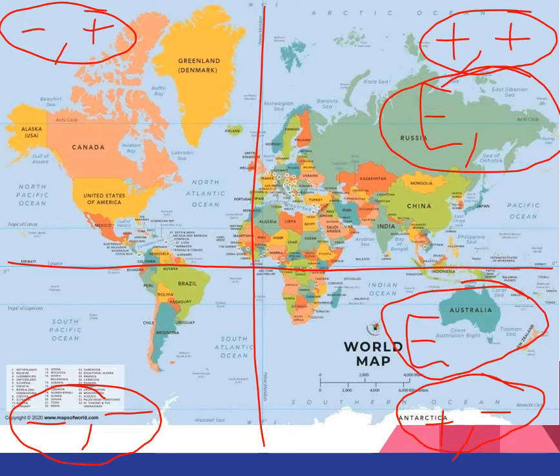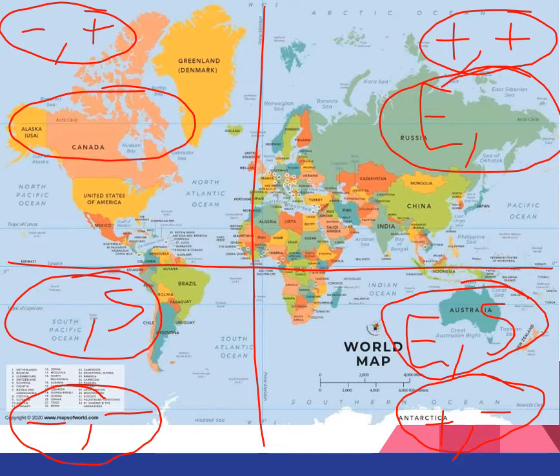Then if we look at these ones, you're moving down from the equator, so everything is going to be south for this second one. And up here on the top ones, everything for the second one is going to be north because you are moving up. Then over on this side, for longitude, we're moving to the west, so these are going to be west.